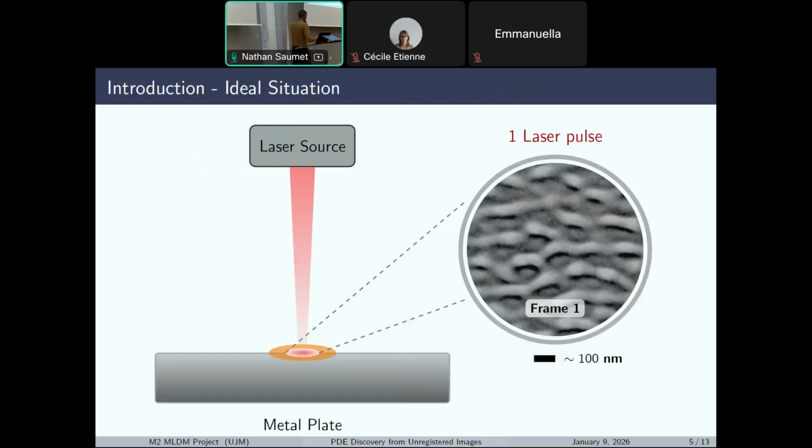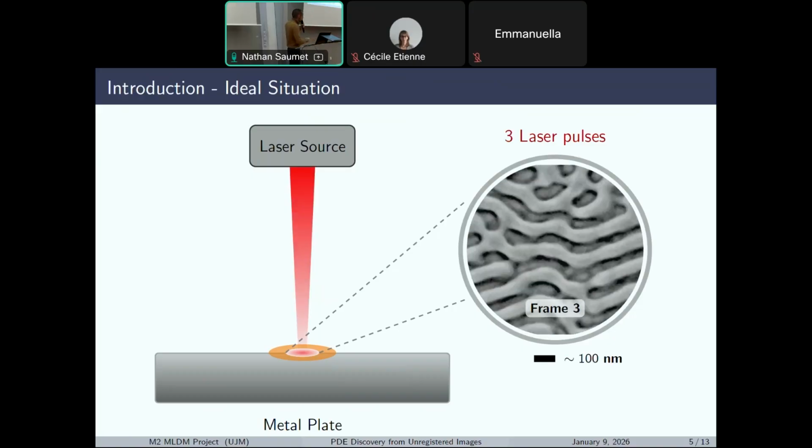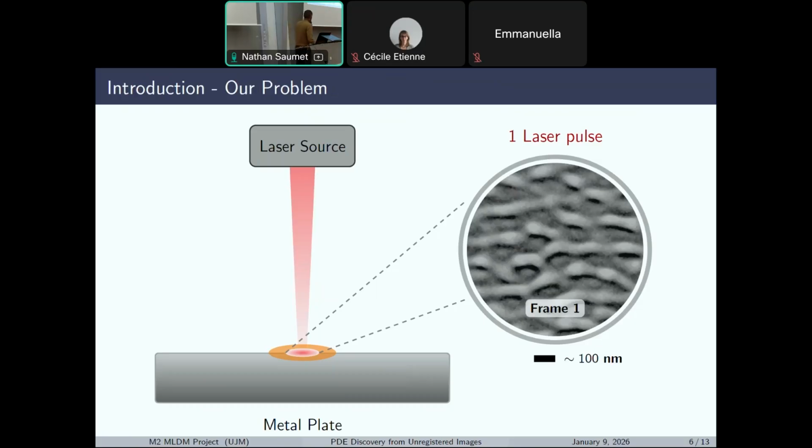So the ideal situation to perform this PDE discovery technique would be to be able to have a succession of patterns that comes exactly from the same physical location. So for example, pulsing one time at a location, taking an image for frame 1, and then after pulsing 2 times at the same location, taking frame 2, etc. However, our problem is that it's impossible to take a picture between 2 laser pulses.